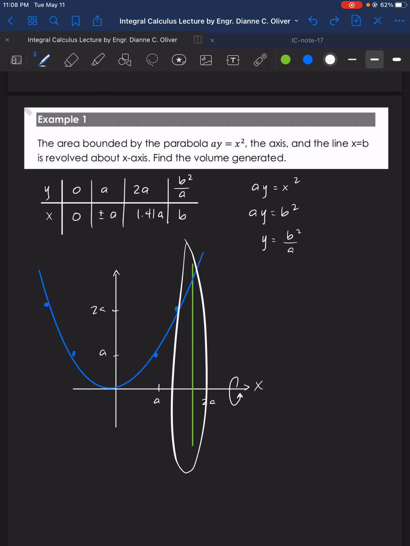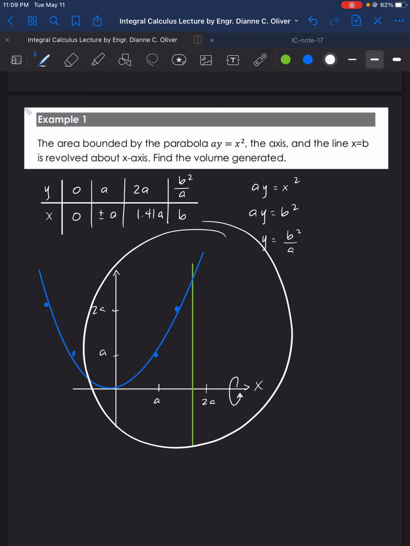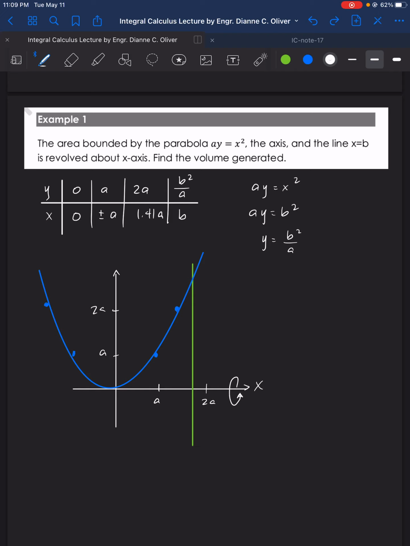The question here is, are we going to include this part in finding the volume generated? The answer is no. We will just concentrate on this portion here because one of the boundaries is x is equal to b. So x is equal to b. Then this is the curve y is equal to x squared over a.